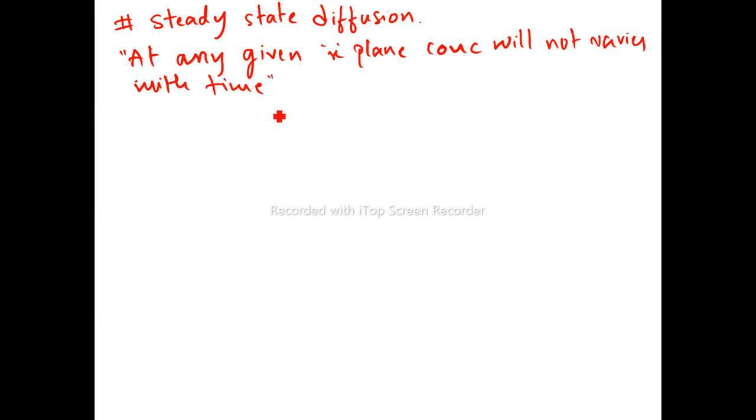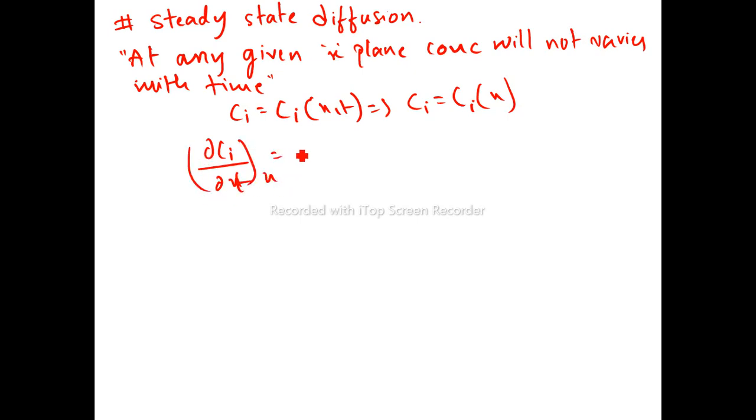Then the concentration, which is a function of x and time, will lead to only a function of position. Then dou Ci by dou t at a fixed position will tend to 0. It's not at all a function of time at that position.